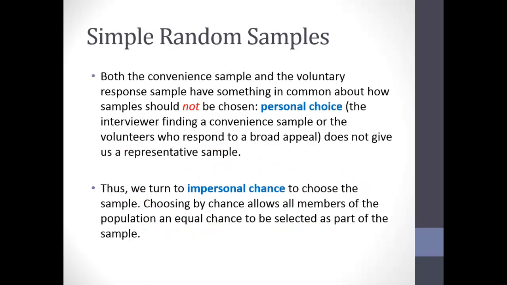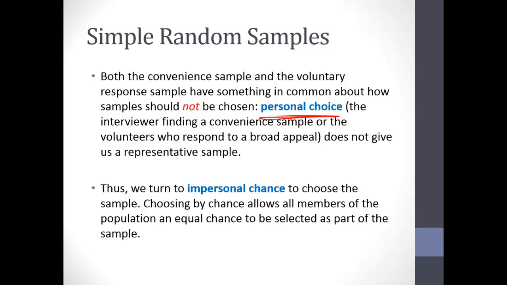So both of these two things have something in common, and that is this notion of personal choice in selecting the sample. First of all, I chose who was easy for me to contact if I'm doing a convenience sample. The news reporter chose that they just went to the park and asked people at the park what they thought about it. And then the voluntary response sample is sort of the other way around.